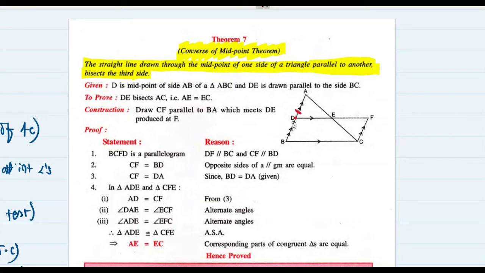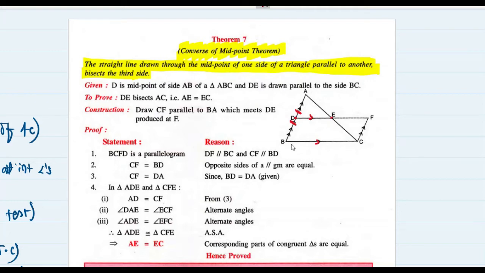D midpoint है, मतलब AD और BD इक्वल है. D से हमने एक पैरेलल लाइन ड्रॉ की. ये जो पैरेलल लाइन है ये AC को E पे इंटरसेक्ट कर रही है.